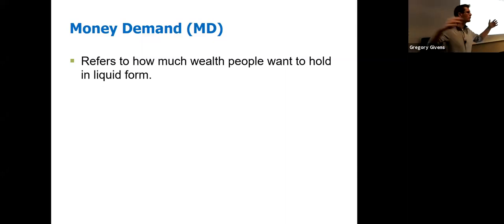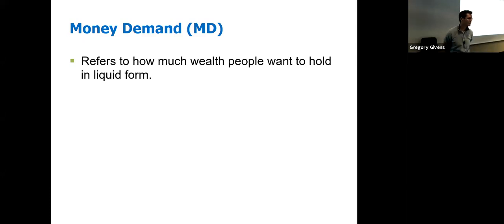This is the total stock of our various assets minus our debts, right? What money demand is referring to is more or less a portfolio decision. That is, what fraction of our wealth do we want to hold in liquid form versus illiquid form? That's where money demand comes from, okay? How much of our wealth do we want to keep as purely liquid versus illiquid?